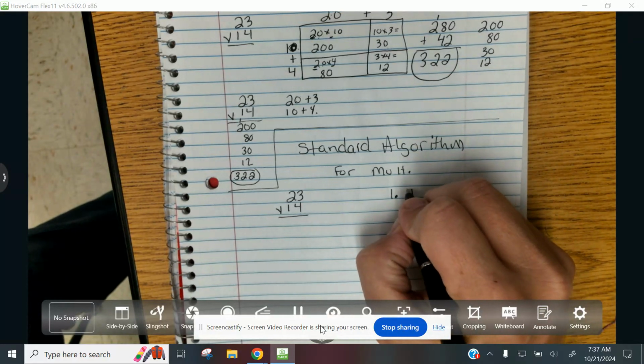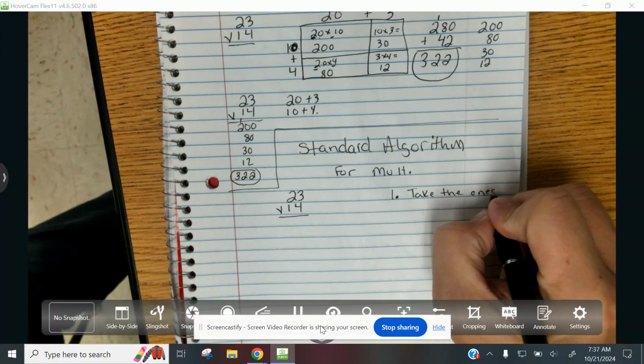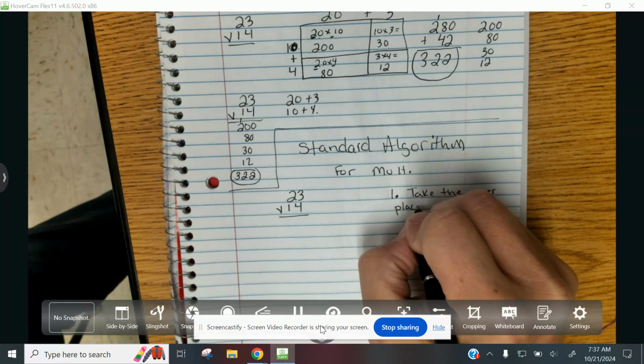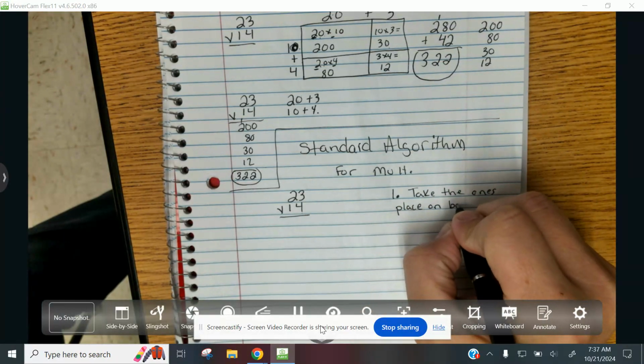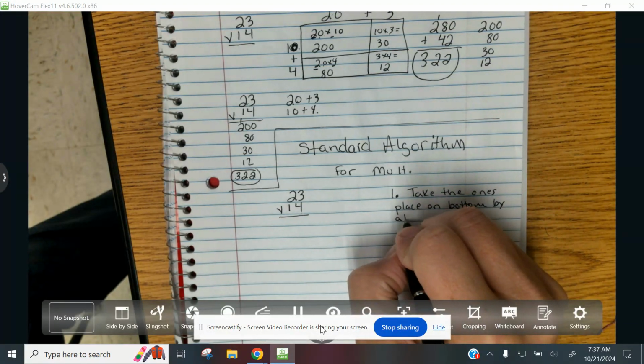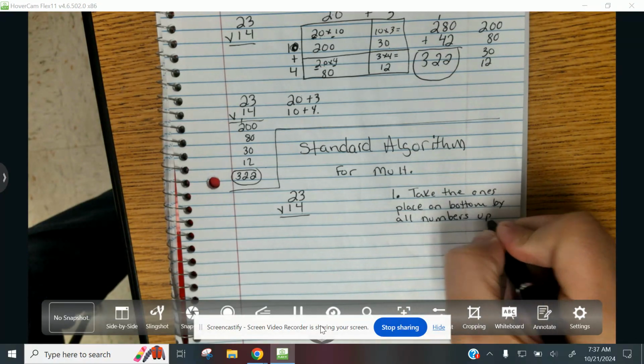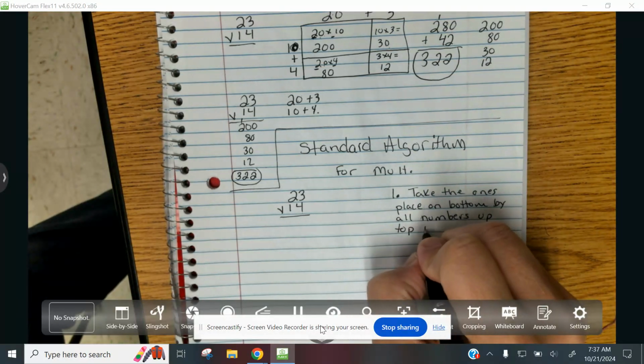So we're going to take the ones place on bottom by all numbers up top and multiply.